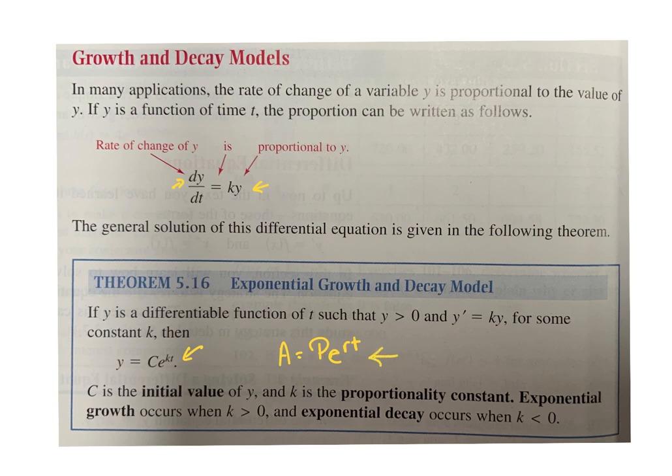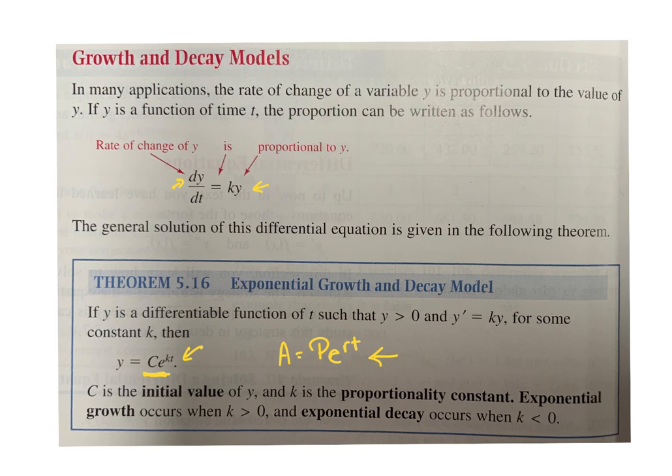This one specifically is when you're talking about money, right? Principal, etc. This is typically used when it's anything else. C is your initial value. K is how you're proportional to the constant. Exponential growth occurs when k is bigger than 0. Exponential decay occurs when k is less than 0.